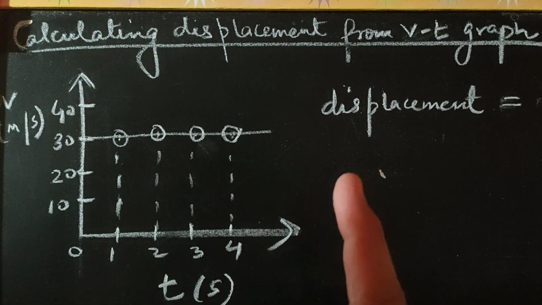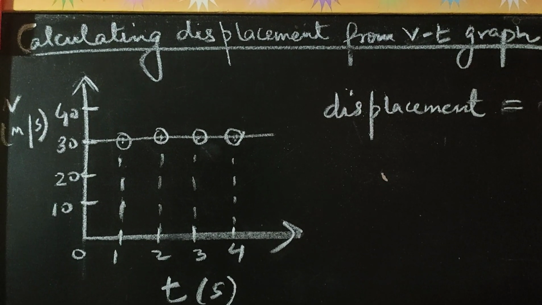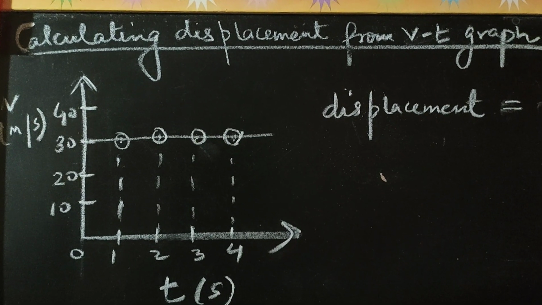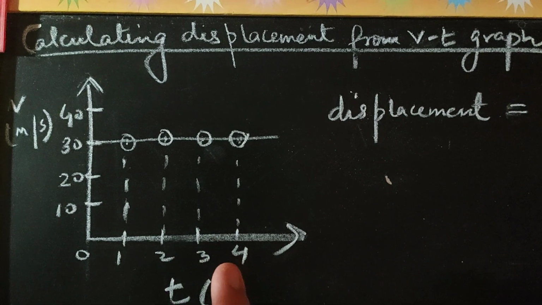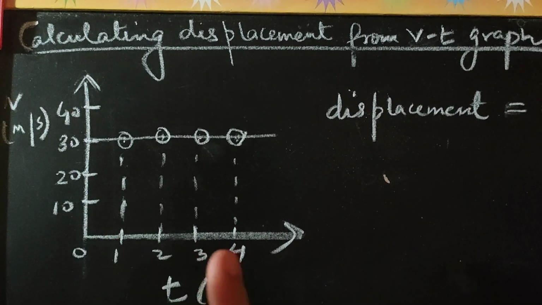I can find that after 4 seconds the displacement of the object, or the distance, if the object is moving in a straight line, both the quantities will be the same. So after 4 seconds the distance or the displacement of the object would be 30 into 4. So we have multiplied the y-axis with the x-axis.